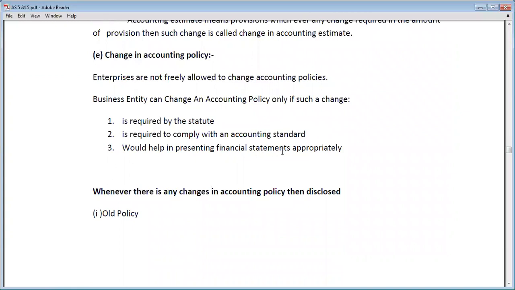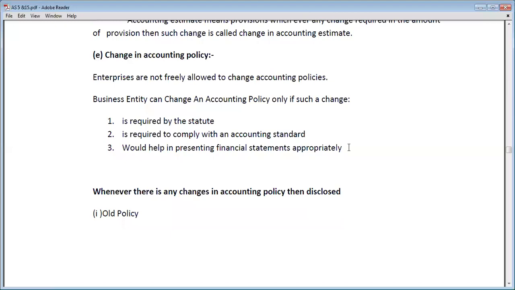And would help in presenting financial statements appropriately. अगर आप उसकी वजह से आपने जो चेंजेस किए हैं उसकी वजह से अगर आप अपने फाइनेंशियल स्टेटमेंट को एप्रोप्रिएटली शो कर पाते, आपकी चीजें ज्यादा अच्छे तरीके से क्लियर हो पाती है अपनी अकाउंटिंग पॉलिसीज को चेंज करने से, तो आप ऐसा कर सकते हैं.